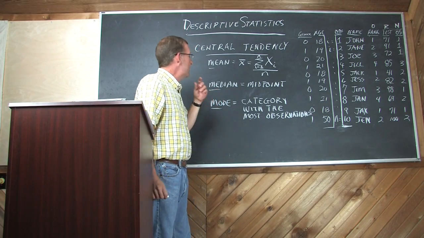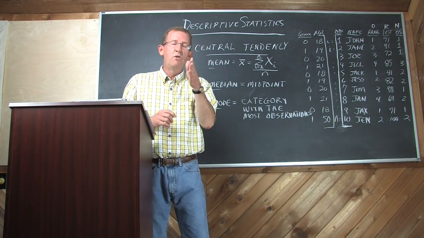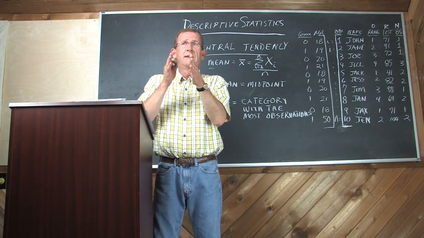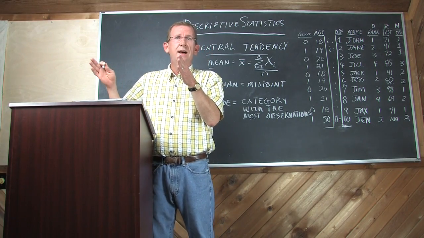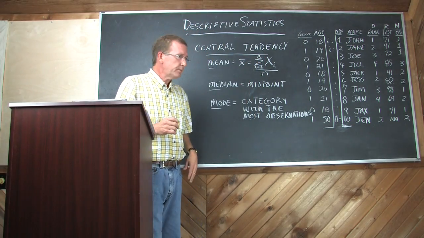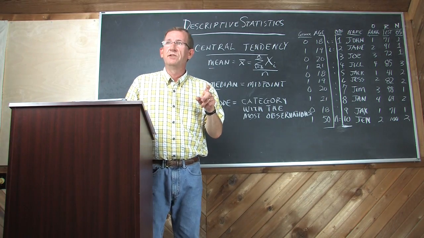The median. The median is the midpoint on a scale. It's the point, more formally, that you should write down. It's the point that divides half of the observations on the high side from the half of the observations on the low side. Sometimes the median is actually observed and sometimes it's not.